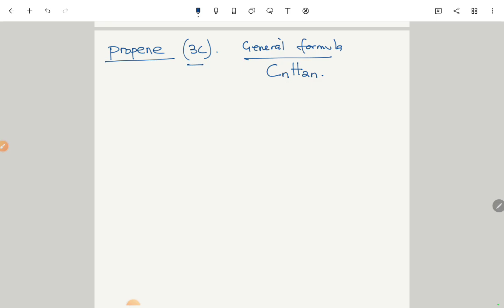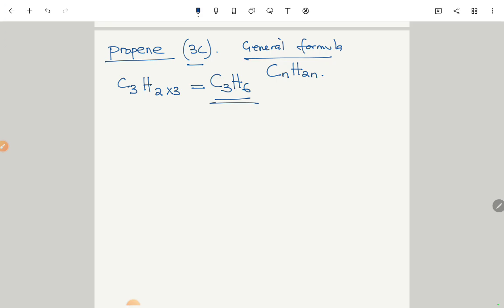Since we have 3 carbon atoms, the formula will be C3H(2 times 3), which is giving us C3H6. So this is what we call propene.